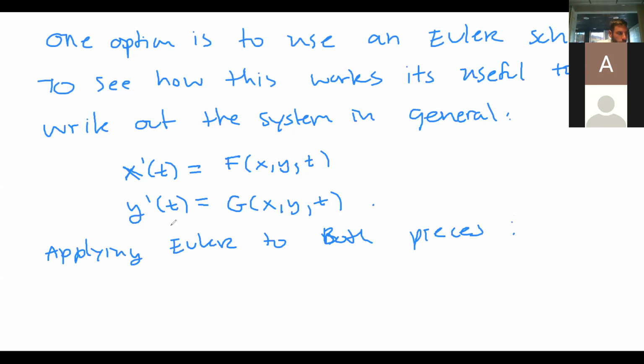So let's look at the first one. We have our nth plus 1 approximation is equal to our nth approximation plus our step size h times the function in this case. Now, here we have to incorporate that we might have x sub n, we might have the nth y, and then, of course, t sub n.